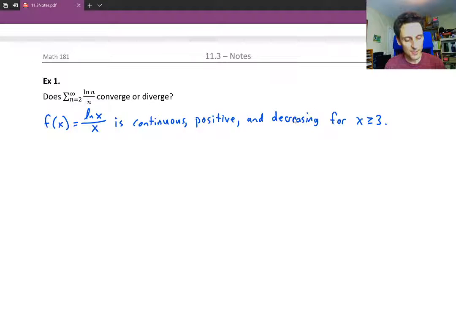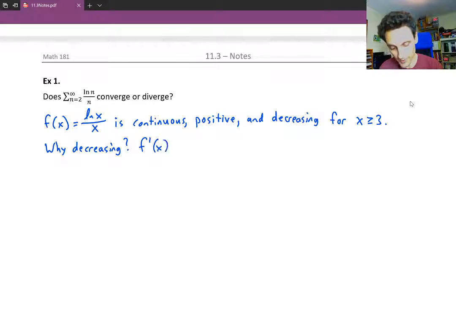Now the decreasing part is a little bit harder to see right off the bat. So what we're going to do is explain why it's decreasing when x is greater than or equal to 3. In this part, we're going to show where that 3 is coming from. To show that a function is decreasing, you can look at its first derivative. If the first derivative is negative, the function is decreasing.